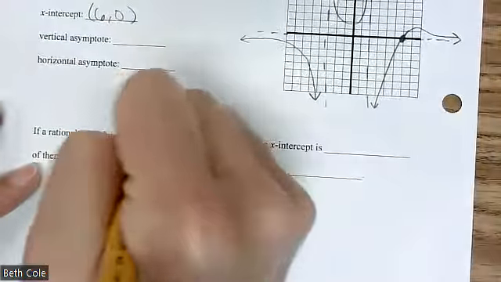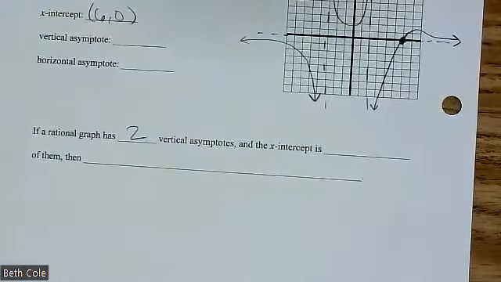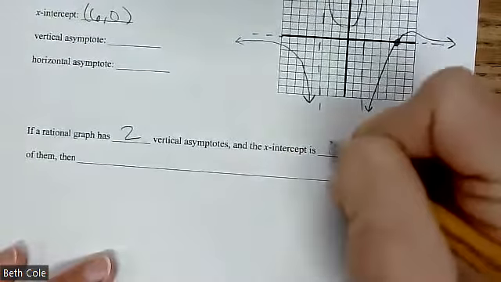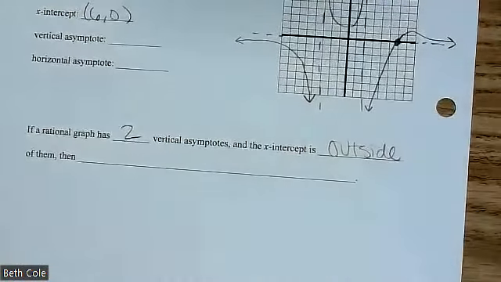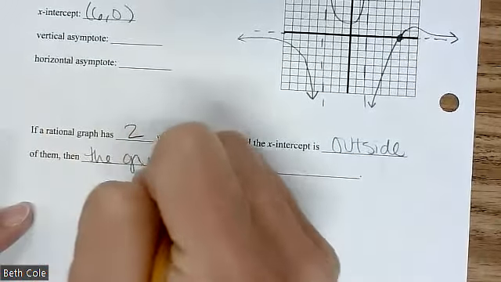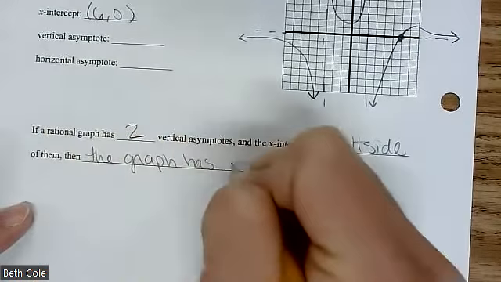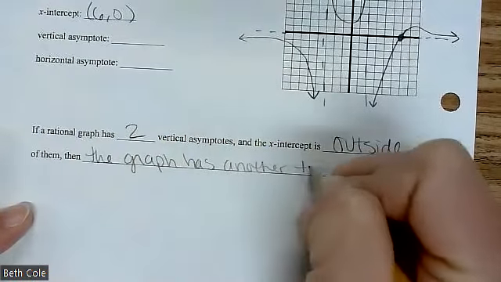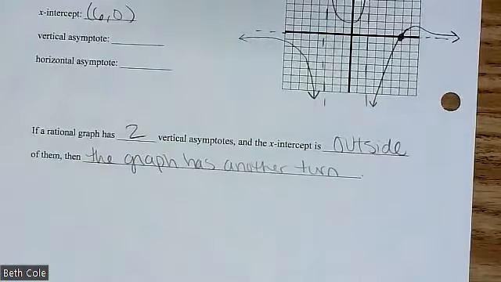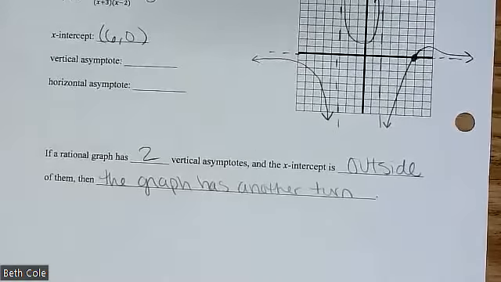If a rational graph has two vertical asymptotes and the x-intercept is outside of them, then the graph has another turn. You're going to get that little bump in the graph because it has to go through that point and then come back down and level off. Cool, neat. I like to do this so you can compare and contrast them, because it helps deepen your understanding of what's actually going on in the graph.